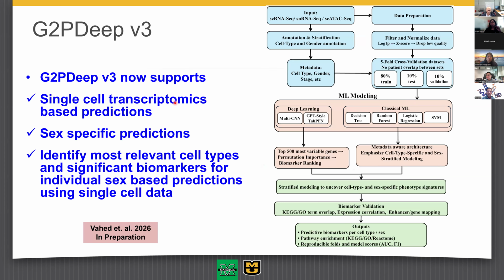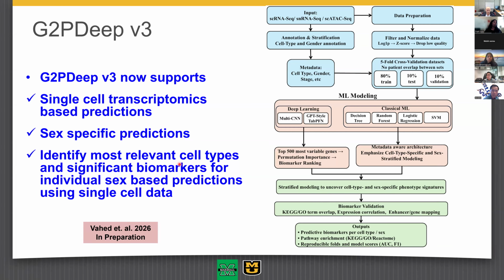Now, G2P Deep supports a whole lot of that. We were the first platform which allowed deep learning through a web-based portal. And so our first paper was in NAR, second in Biomolecules. And right now, Mohammed, who is part of the data science INBRE core, is expanding this to single cell and supporting sex-specific predictions. Again, I don't want to go into detail for that.